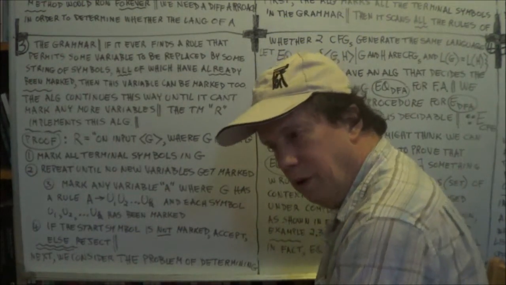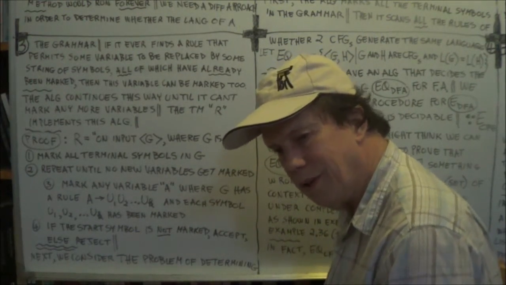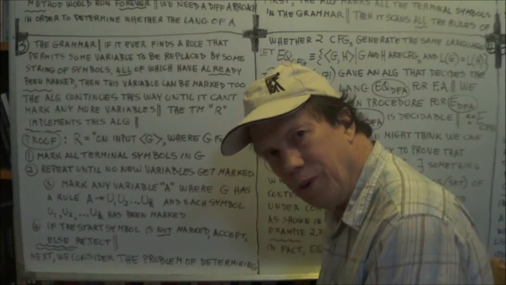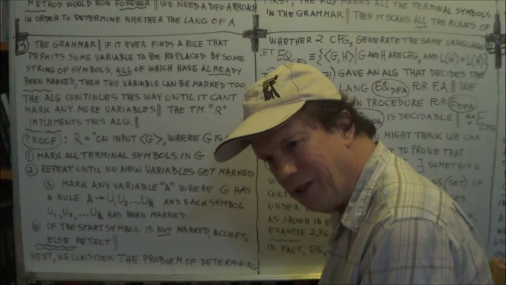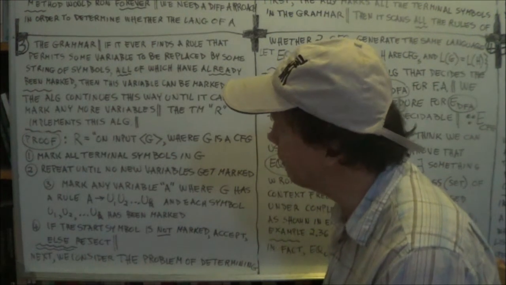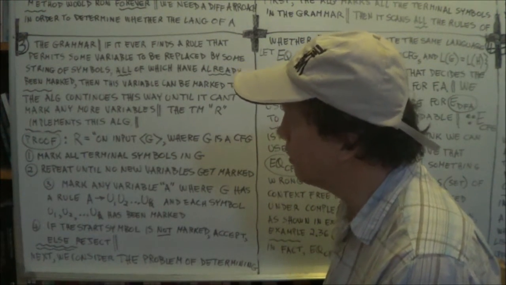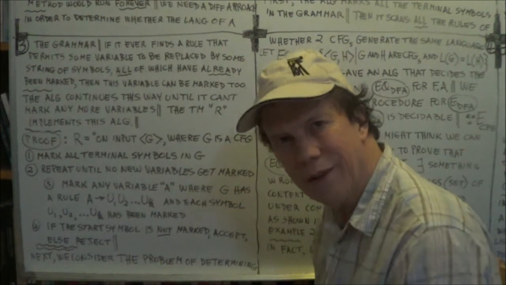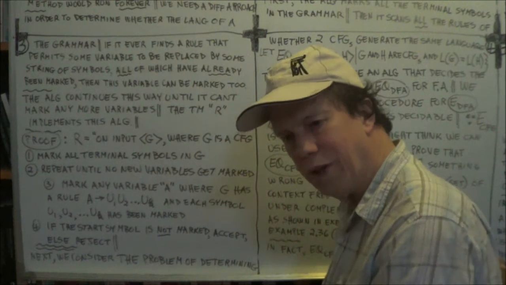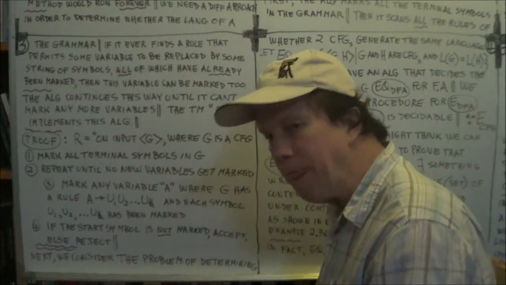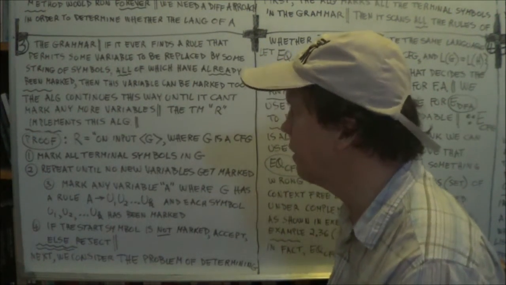Well, after that fairly long-winded verbal description of the basic idea of the proof, we can now give the formal statement, the standard format description of the Turing algorithm that decides this particular language.